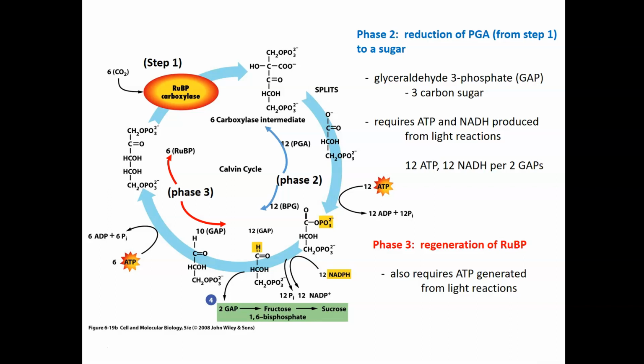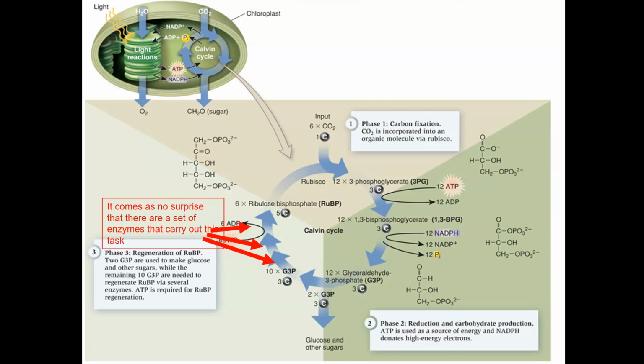So as you can see here, we're going to be regenerating our RuBP so that this cycle, the Calvin cycle, can continue to take place. So hopefully this is beginning to make sense. The synthesis part of our photosynthesis, in which we are going to be making a glucose molecule by fixing 6 CO2 molecules through this incredible cycle.